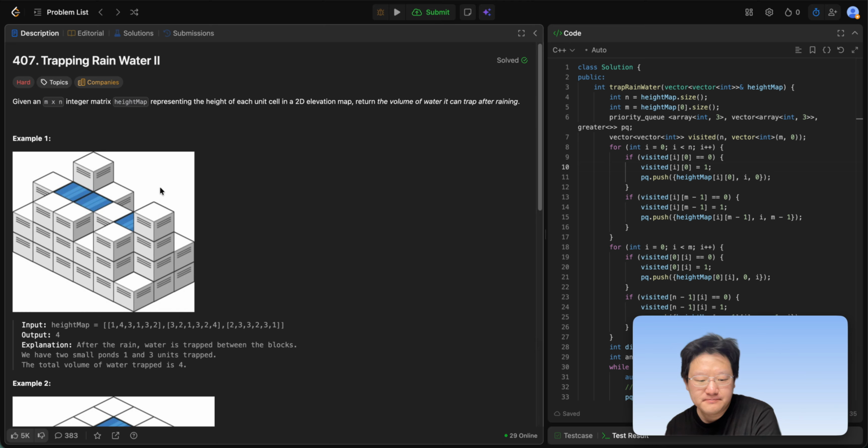In 1D, water only flows left or right, so a monotonic stack or two pointers work great. But in the 2D version, water flows in four directions. So it's a totally different ballgame.